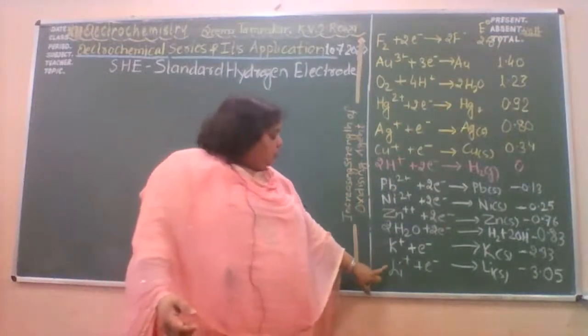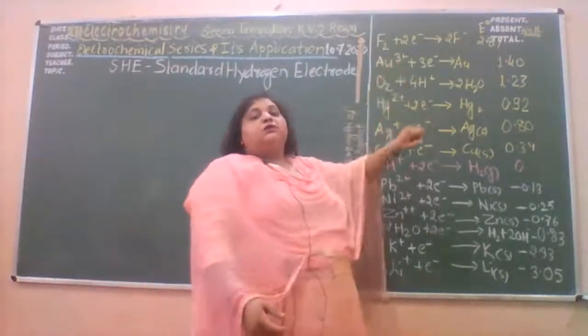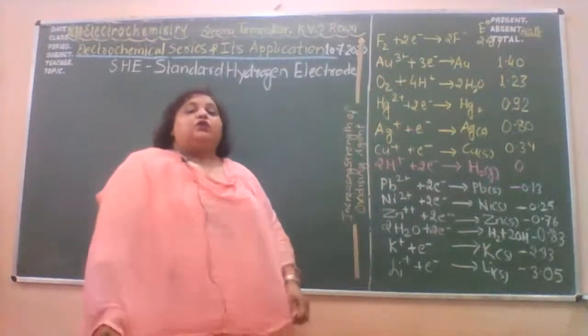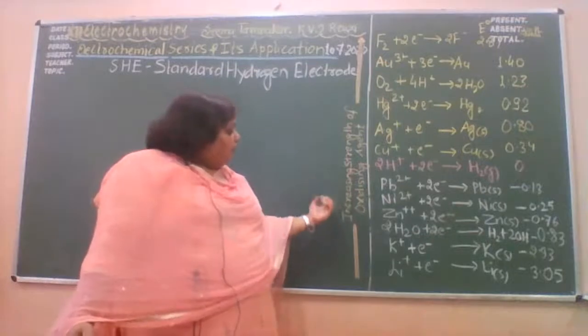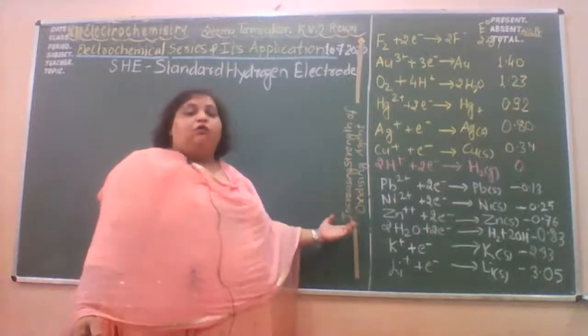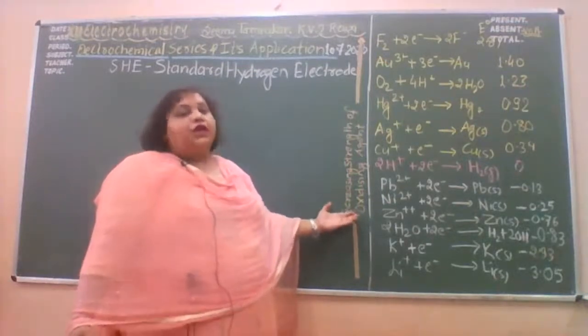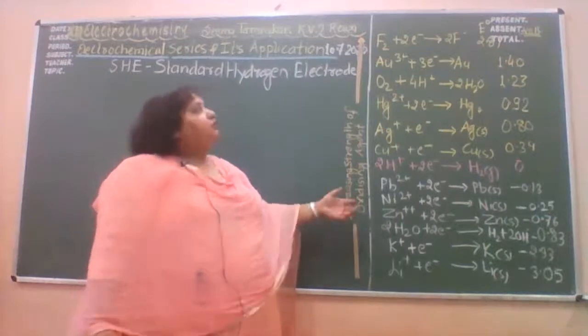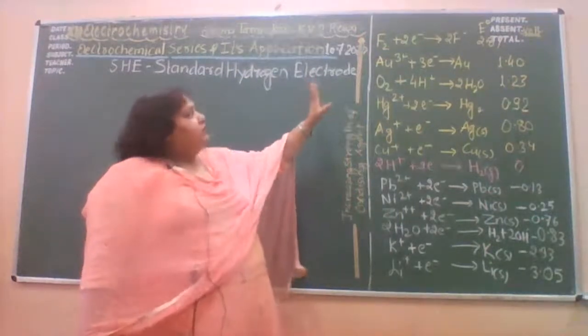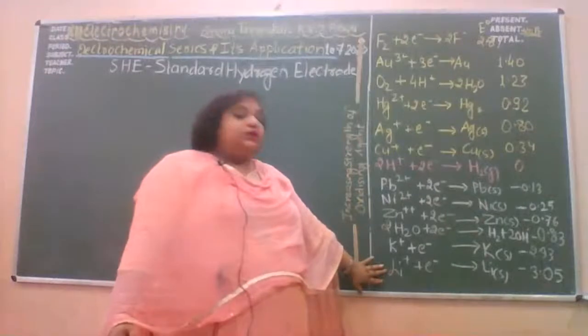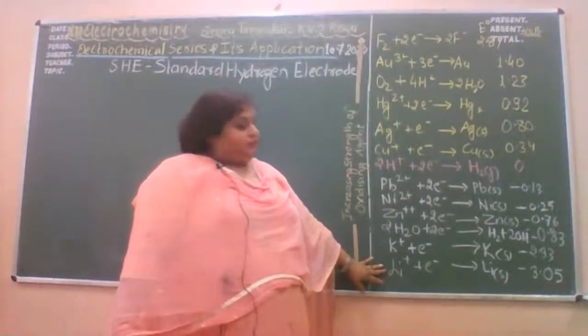So just from top and bottom elements, you can come to a conclusion. You don't even need to mug up this property. You just have to remember the top one is fluorine and the bottom one is lithium, right?